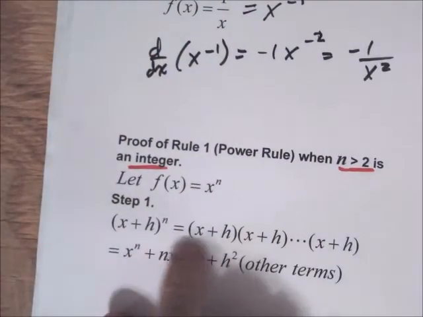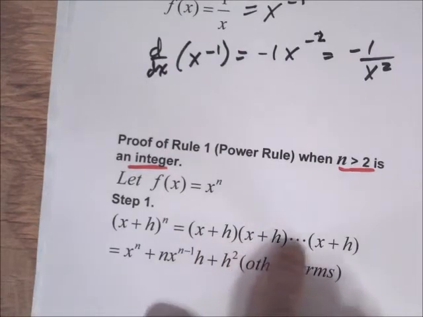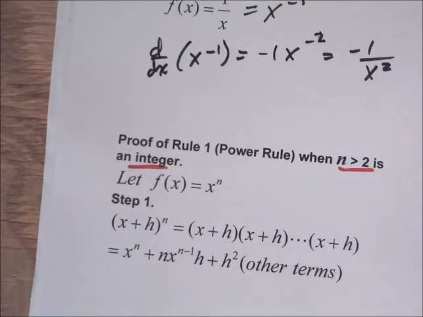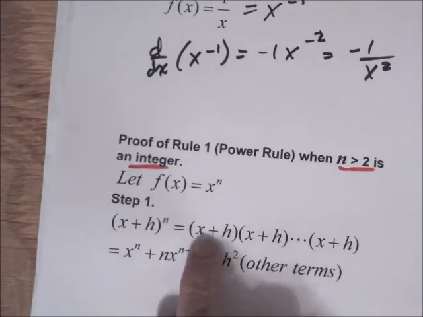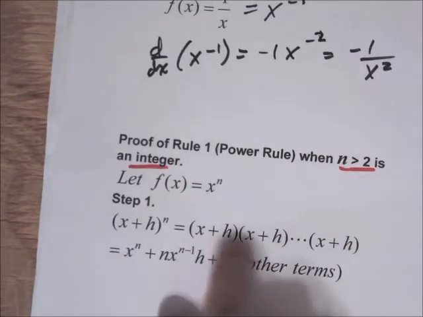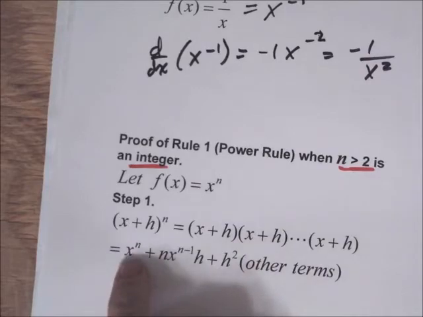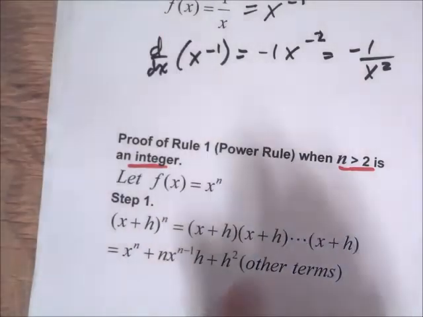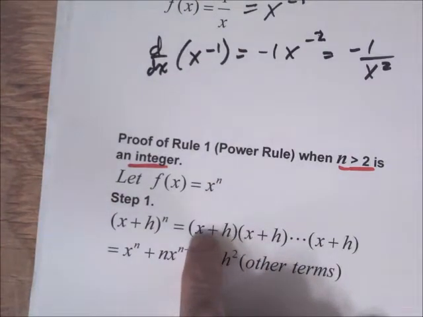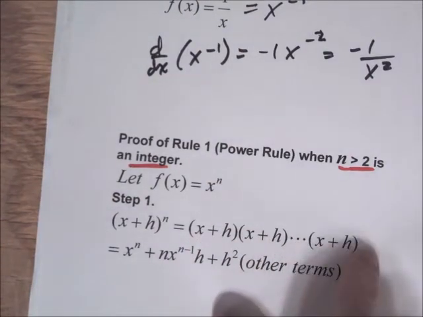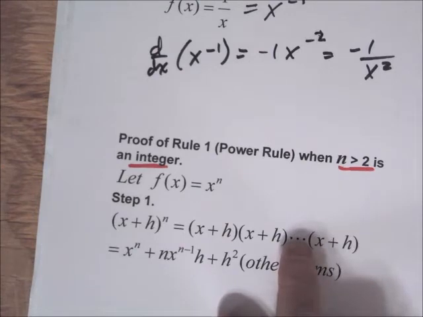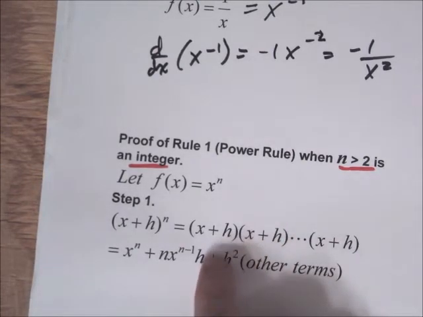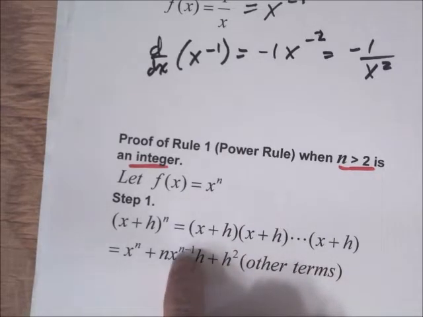x plus h to the n power is x plus h times x plus h times x plus h, etc. And if we multiply this out, we multiply all the first terms together, x times x times x times x, and we'll get x to the n. And then if we take h from the first term and x from the other terms, we're going to get h to the first power and x to the n minus 1.